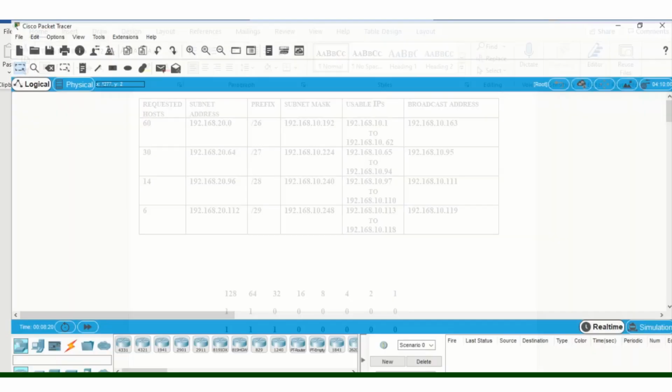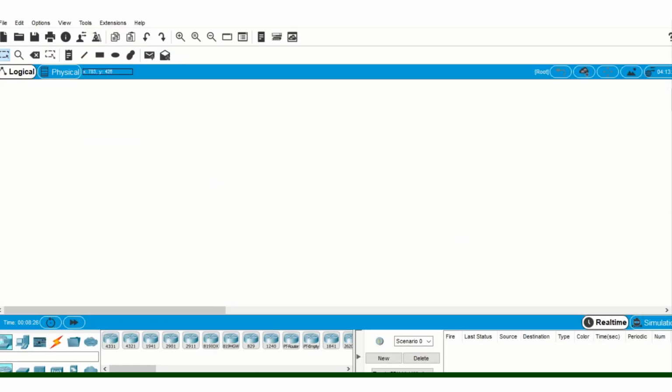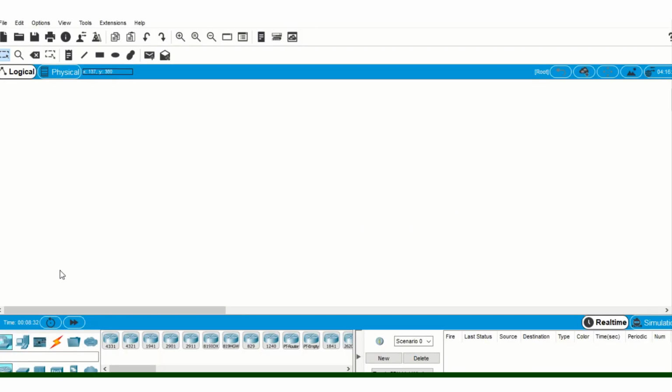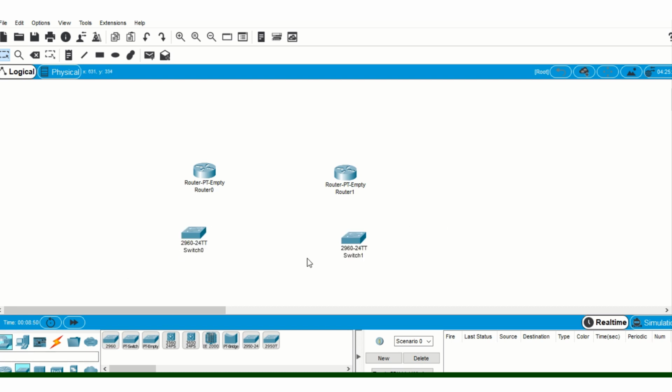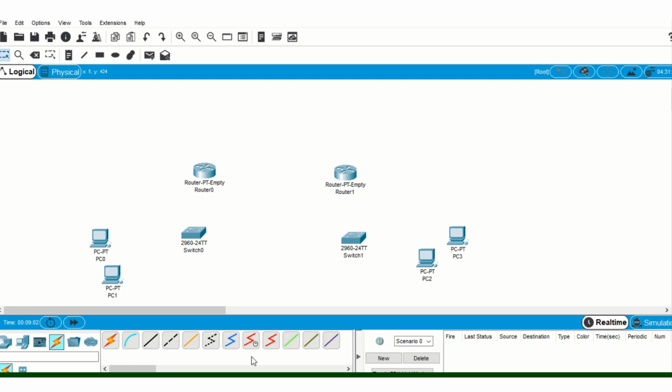Alright, now we have planned the network. Now we will draw the network in Packet Tracer. We will start with two routers, 2 switches, and then 2 PCs per network.